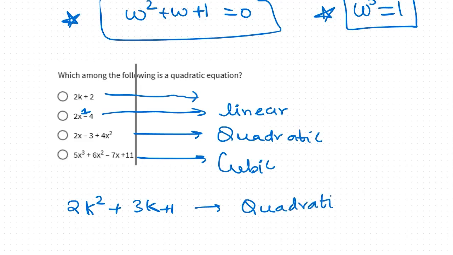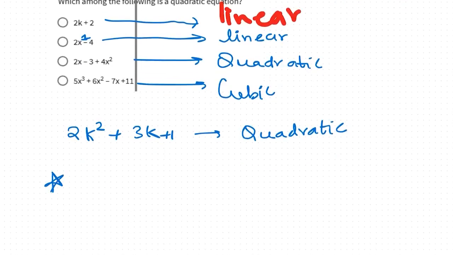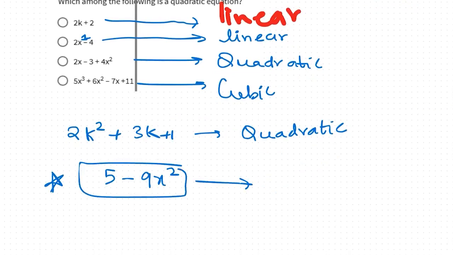So instead of x, we treat it as just any variable. Based on that logic, this is called linear. I think you understand why. Let's say 5 minus 9x square. What is this called?